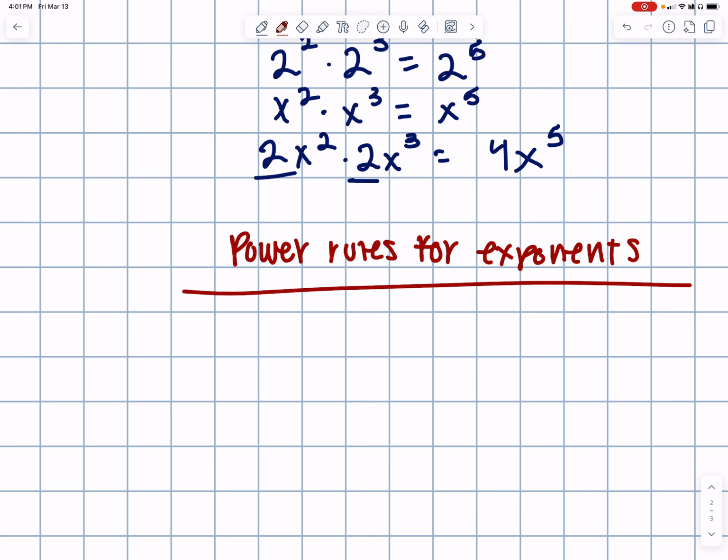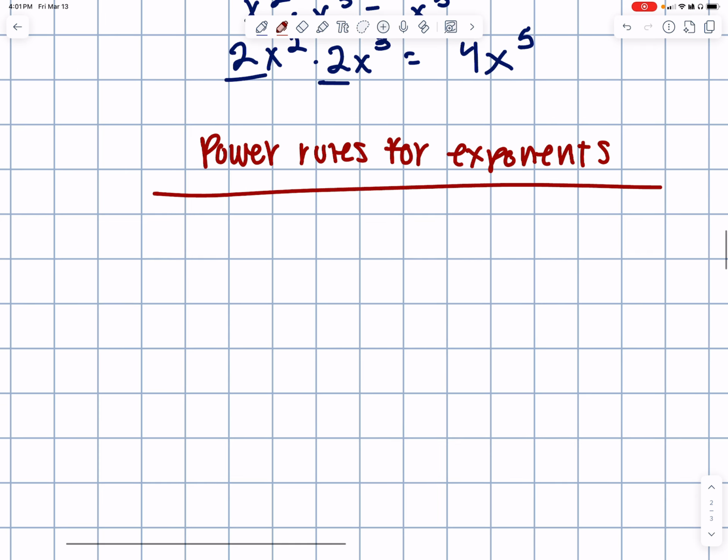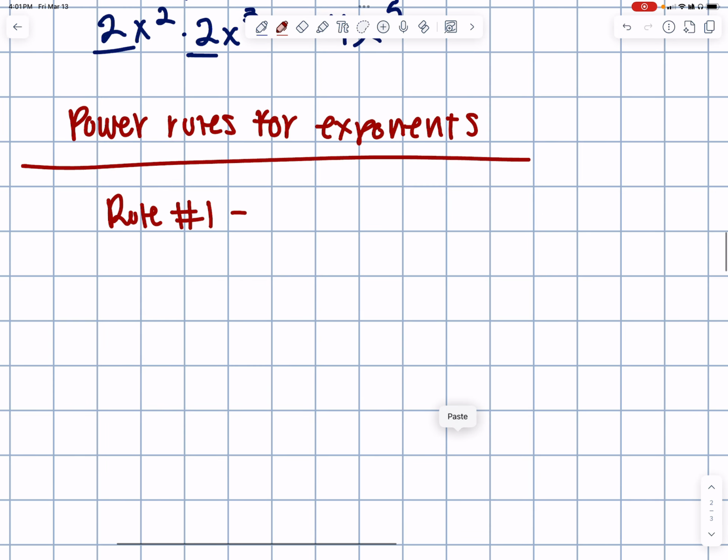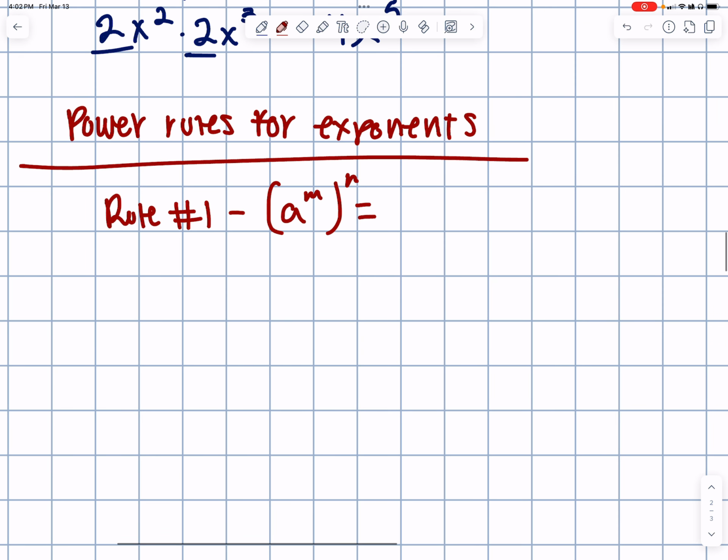Okay, here's power rule number 1. When we have a base with an exponent inside of parentheses, and there's another exponent on top of it, you are going to distribute it, okay?